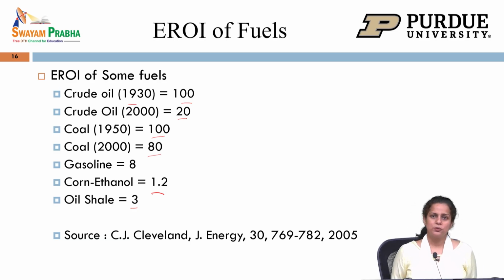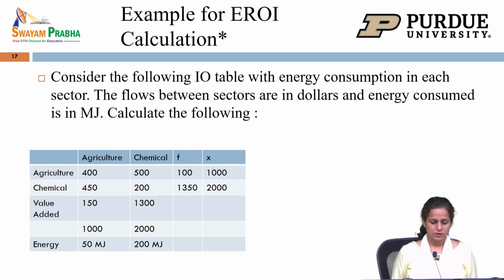So now we will do an example for calculation of energy return of investment on life cycle scale. This is a simple table that we have already seen in our previous module. This is the input output table of a 2-sector economy, and the flows are in terms of dollars.